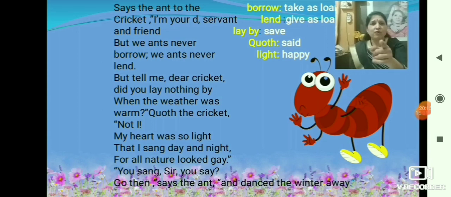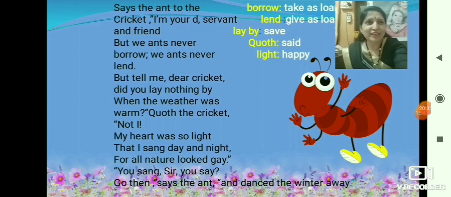So the ant straightforwardly says to the cricket, go then, move from here, and dance the winter away. Whatever you did in summer and spring, you can do the same in this winter season also.